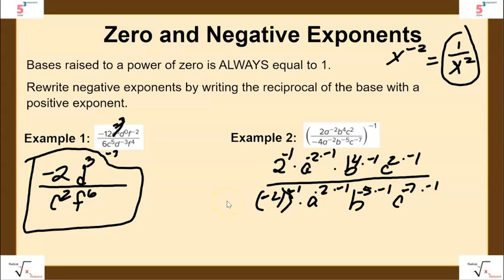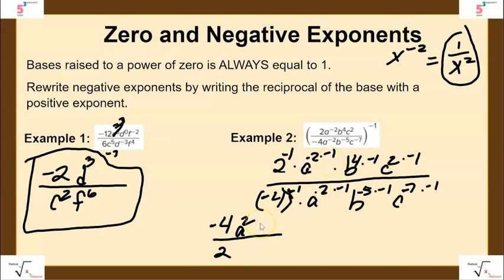Now I can simplify. 2 to the negative first power is going to be 2 to the first power in the denominator. Negative 4 to the negative first power would be the reciprocal, so negative 4 on top in the numerator. And then here I have a squared, because negative 2 times negative 1 is 2.